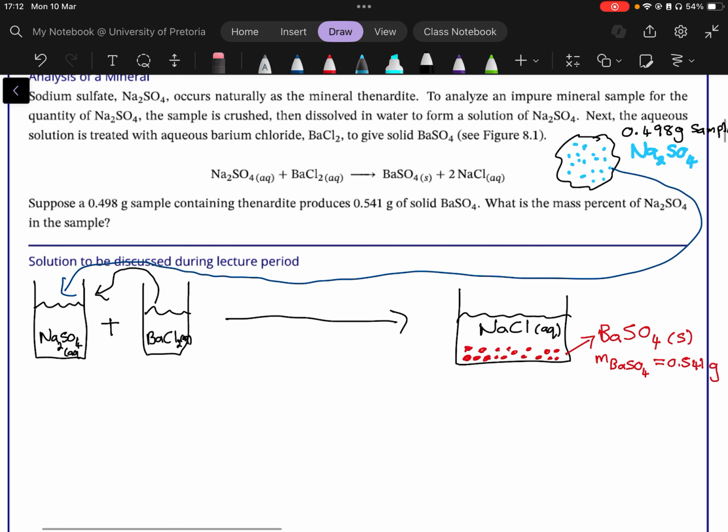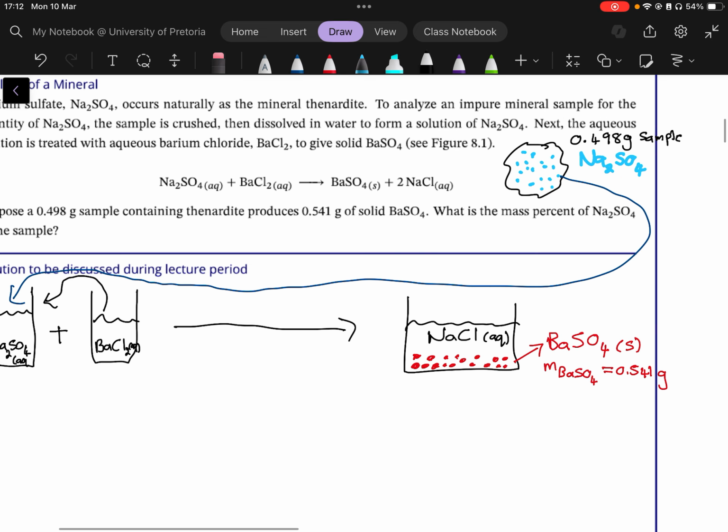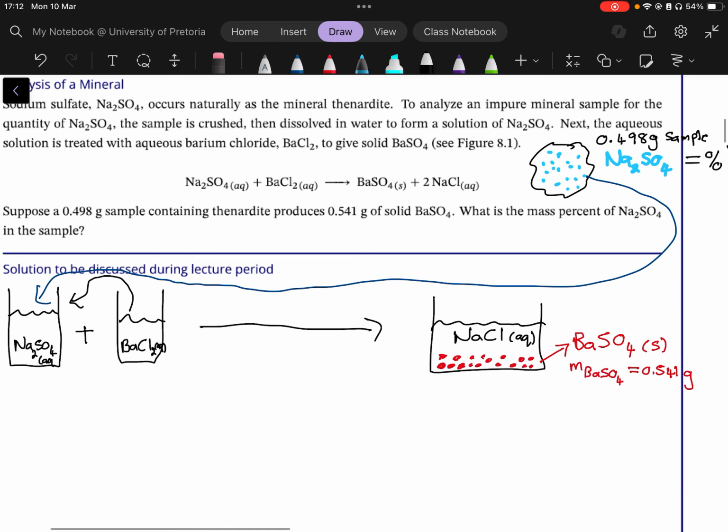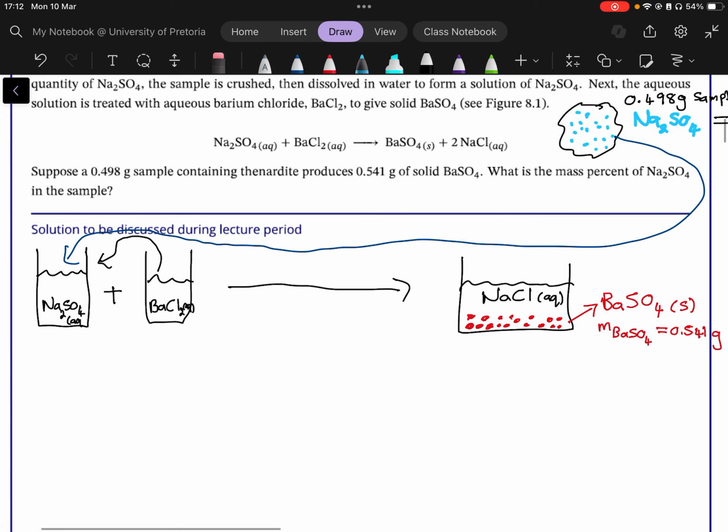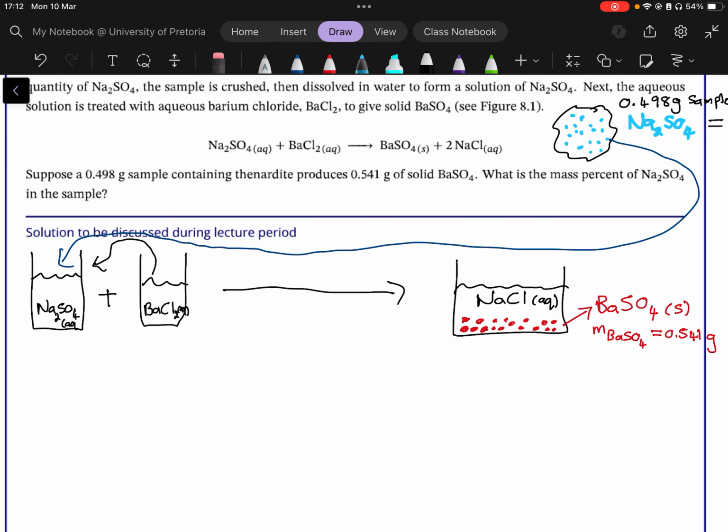So now we finally get to the question: what is the percentage of the sodium sulfate in that rock? What does that make up? So you see why it's important to notice what the impure sample's mass is.